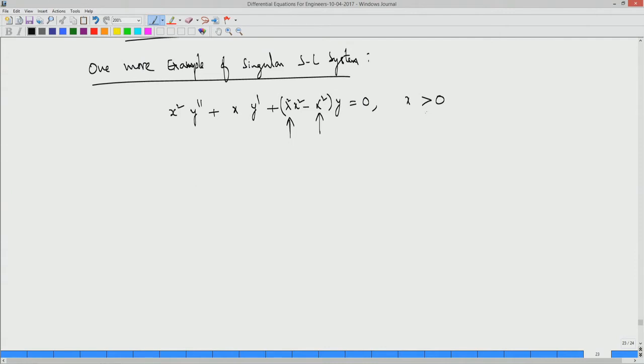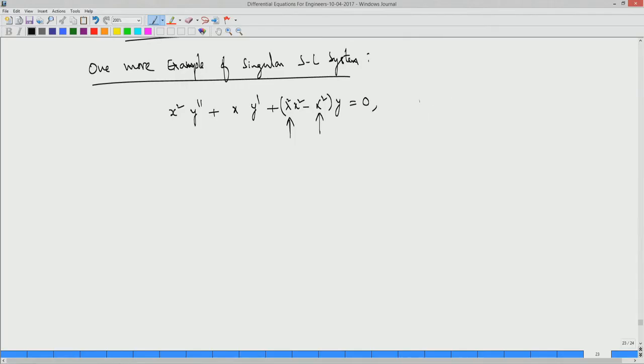My domain is unbounded, x greater than 0, so I have to make the domain finite. I fix the domain by keeping some L. I fix this L, I fix this alpha, which is the Bessel parameter, and I keep lambda as the eigenvalue parameter.